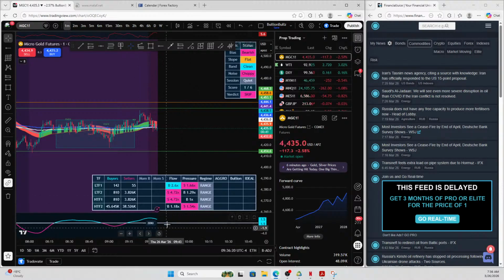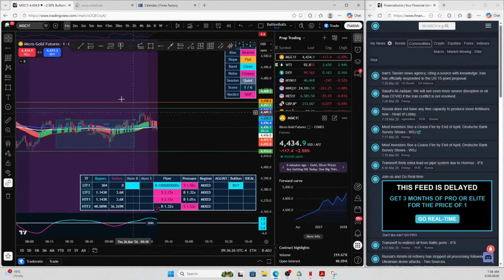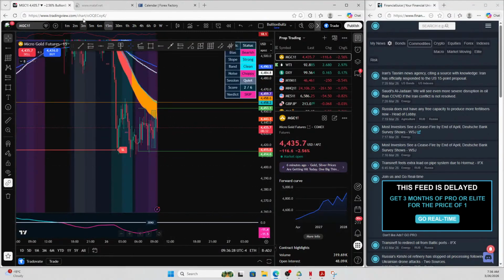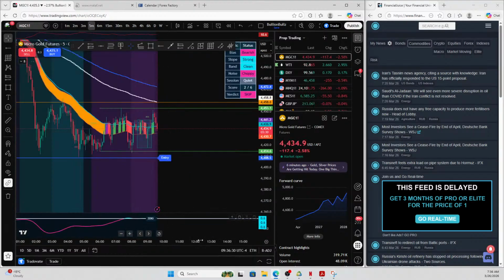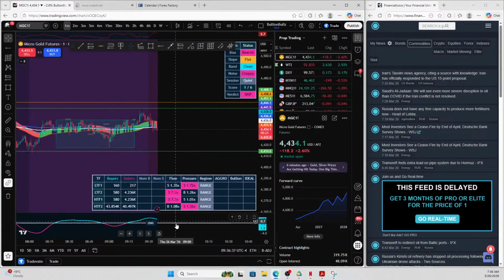So first of all, we look at our oscillator, right? Our oscillator is pointing towards bearishness on the 30 minutes. On the 15, we are looking bearish. On 5, we are looking bullish right now, but we want it to flip to bearish. On 1 minute, we are looking bullish. We want it to flip to bearish, right?